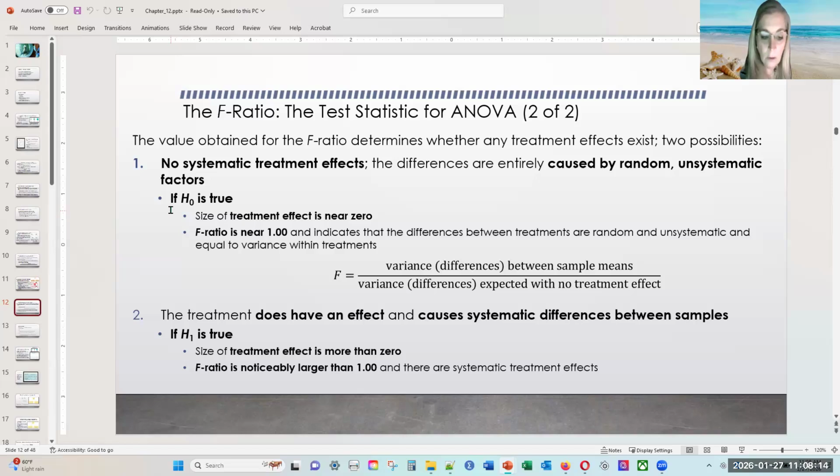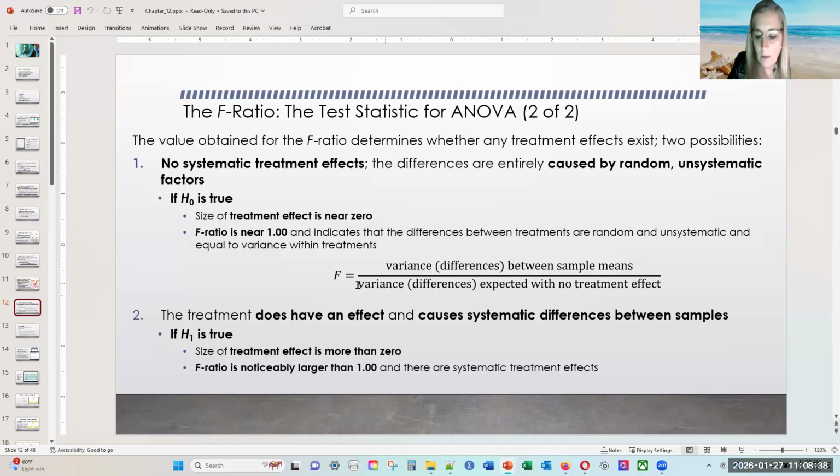So if the null is true, the size of treatment effect is near zero. So the F ratio would be near a 1, right? That means there's the same amount of variance within each treatment as there is between each treatment. So that's why the F ratio would end up being a 1.